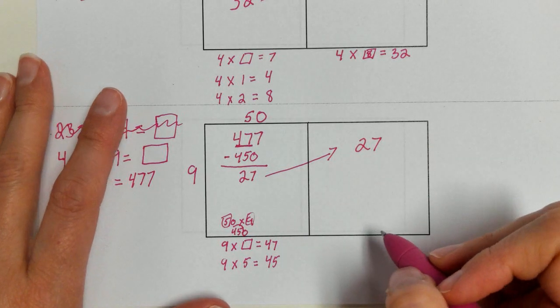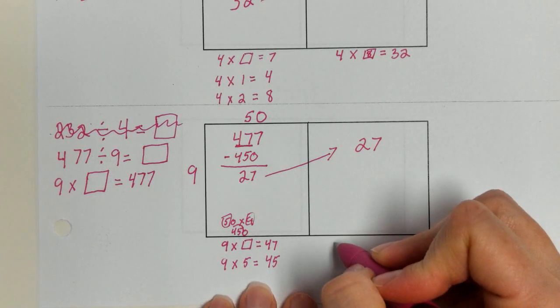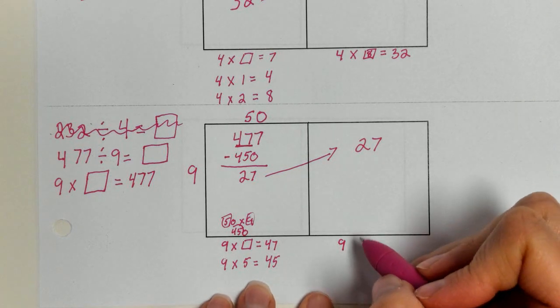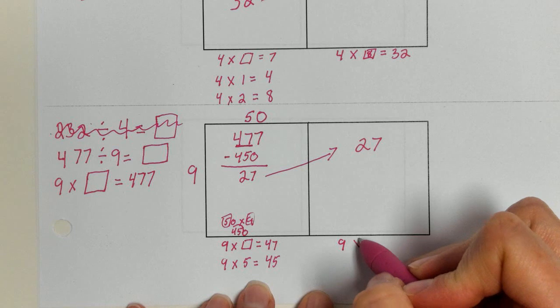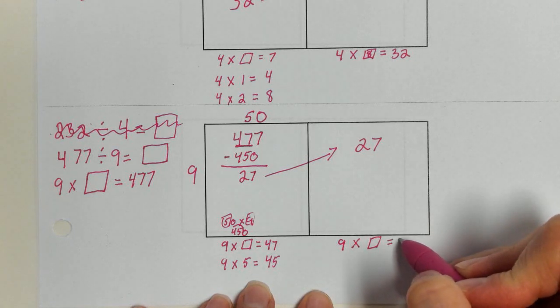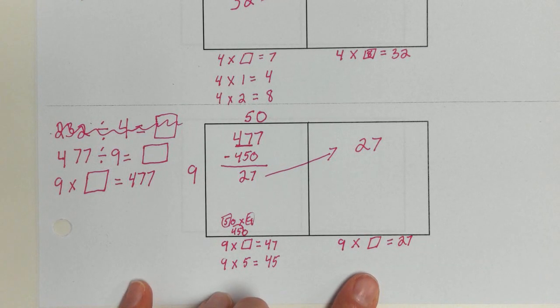All right, now, Madison, what am I thinking to myself? I'm thinking, 9 times a mystery number equals 27. Is there a mystery number there that will make that statement true?